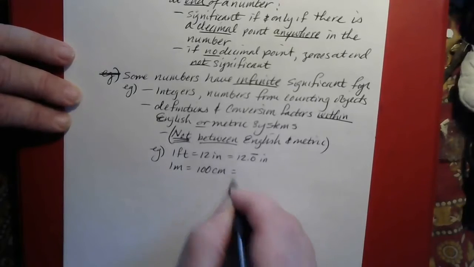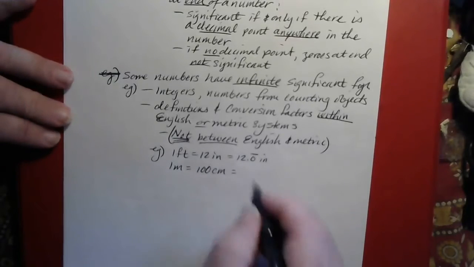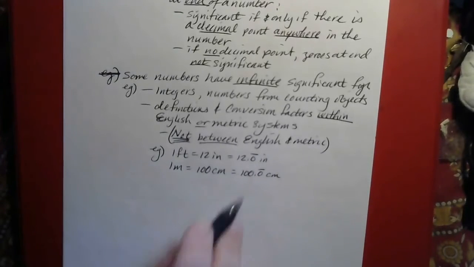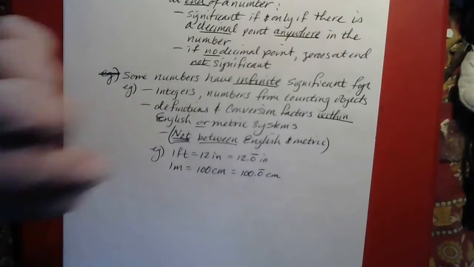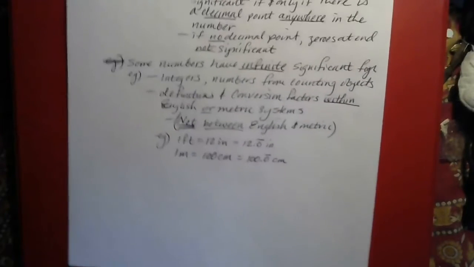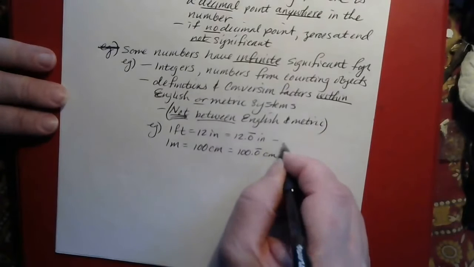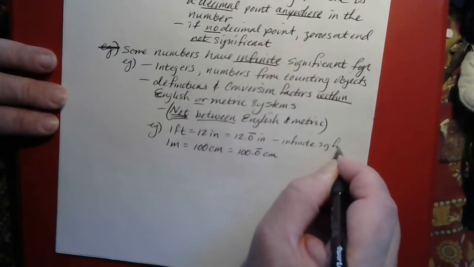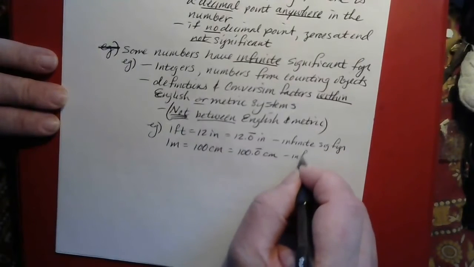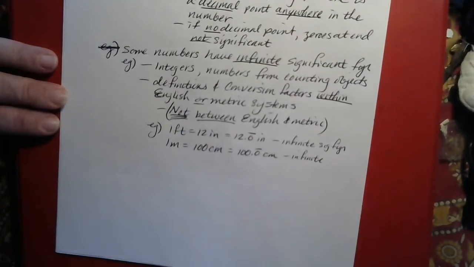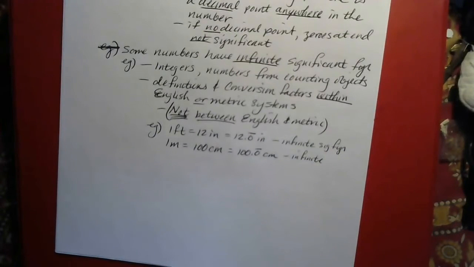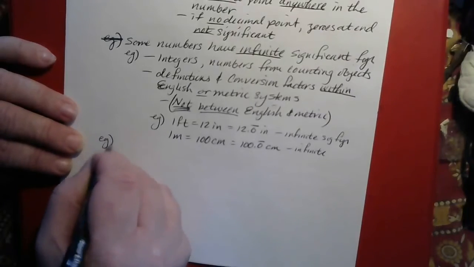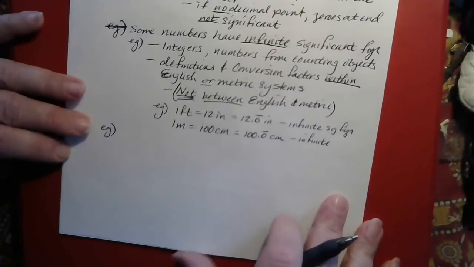Or for instance, 1 meter is equal to 100 centimeters. That 100 is considered to be an exact number with infinite significant figures. So those are the essential rules for significant figures.